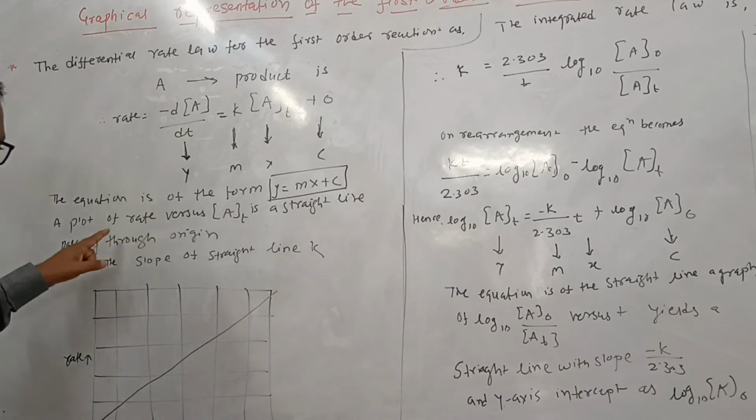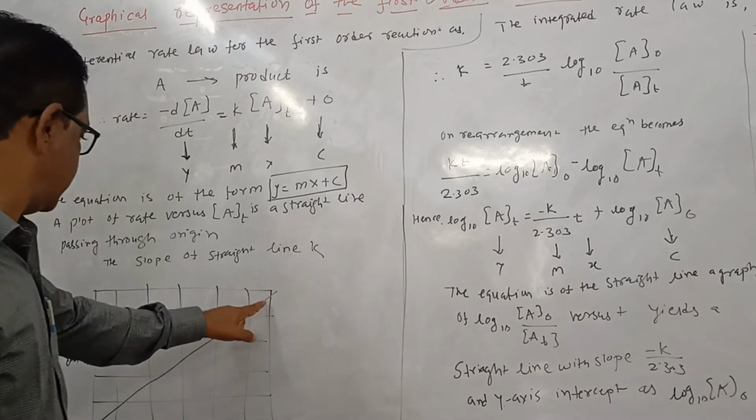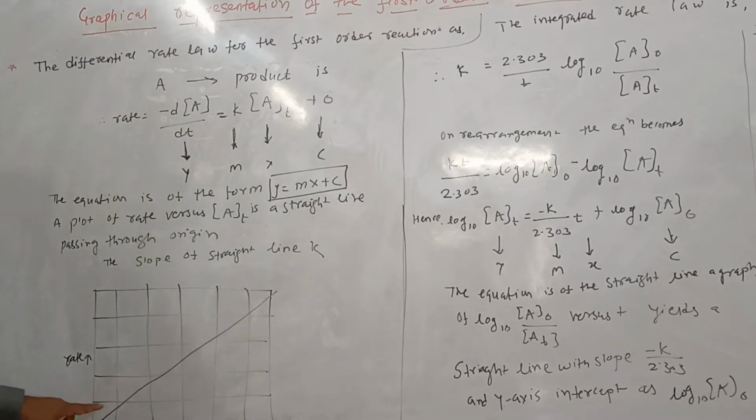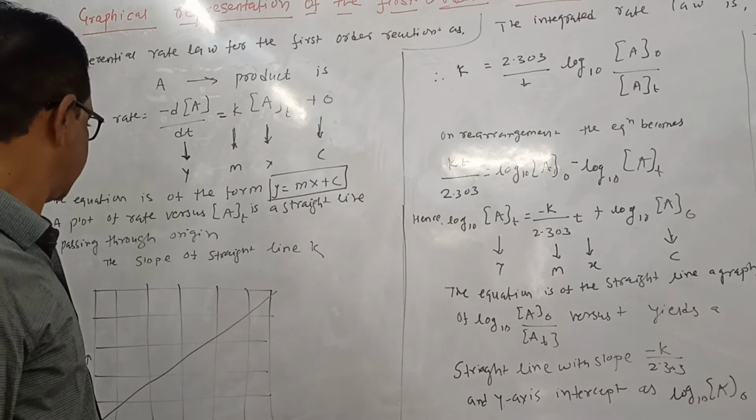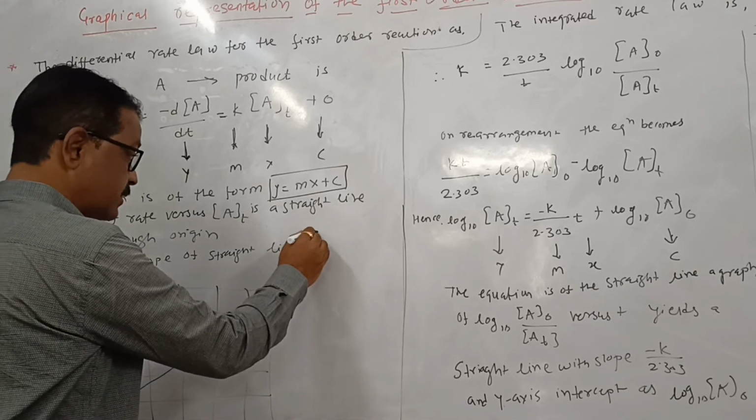A plot of rate versus concentration A at time t is a straight line passing through origin. The slope of the straight line is k.